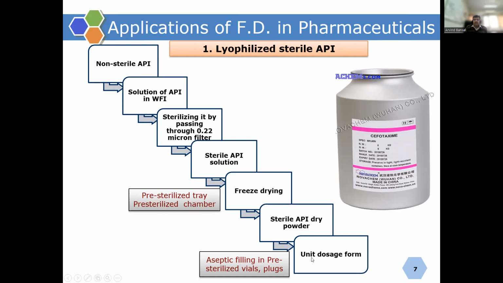This can then be filled into unit dosage forms by aseptic filling in pre-sterilized vials and plugs.